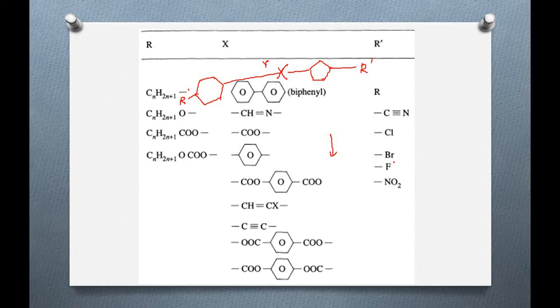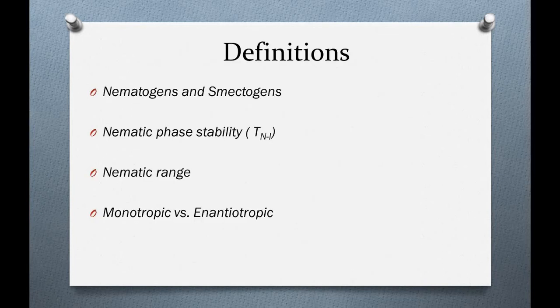Structure-wise, the so-called nematogens and smectogens, that is, the molecules that can behave like nematics or smectics in a particular temperature region, are both calamitic or rod-like, right? So what will decide which material will behave like a nematic or like a smectic?